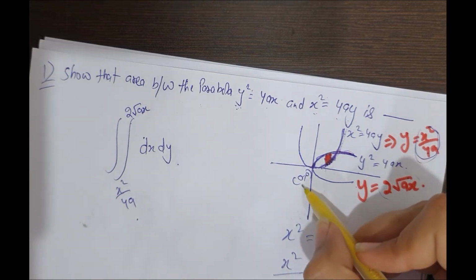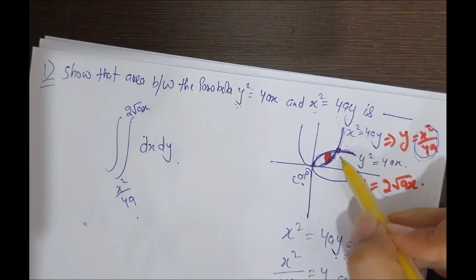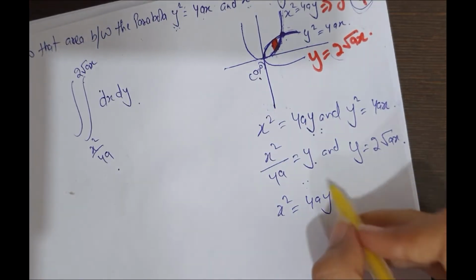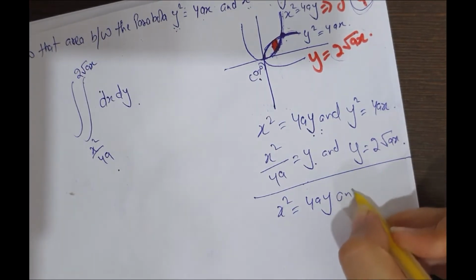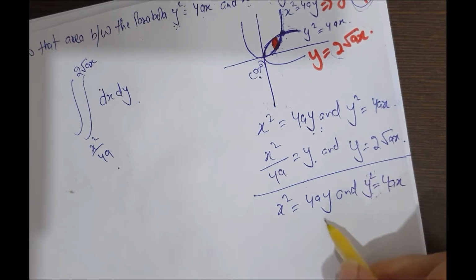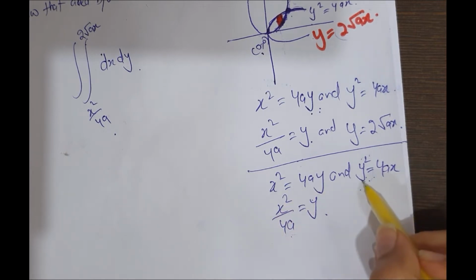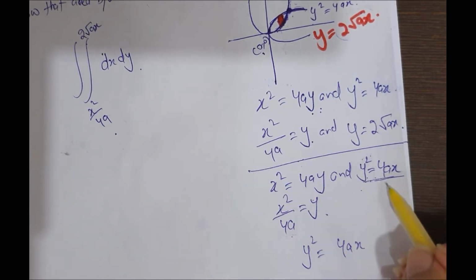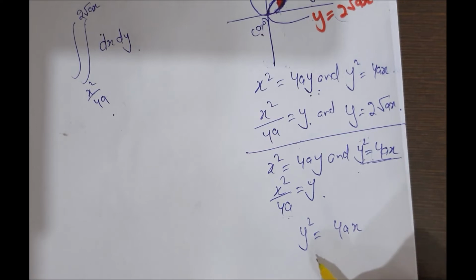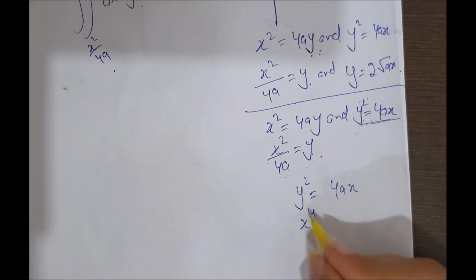The limit of x should be constant, so for that we have to find this point. How do we find this point? I told you in my previous lecture on area of curves how we find x and y from curves. Find the value of y from one equation and put it in the other equation, so that the whole equation has only the x variable. Then we can find the value of x.